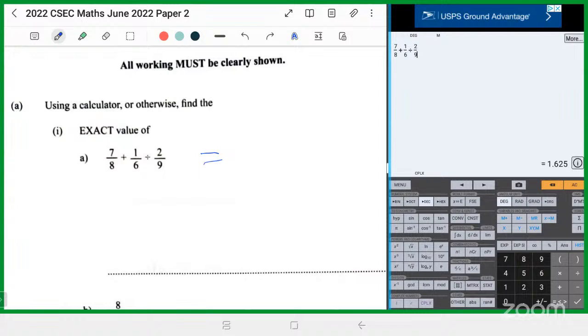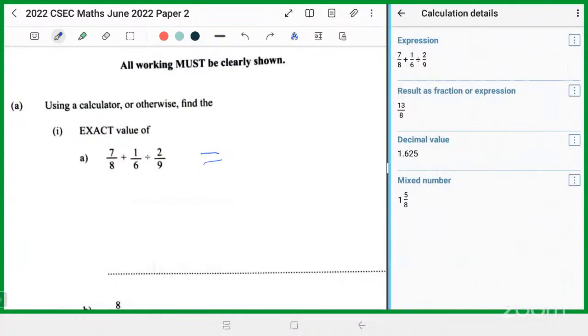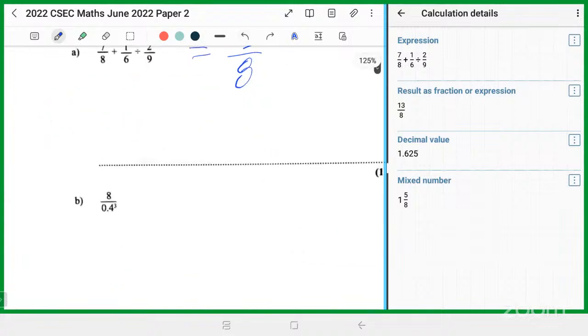And the exact value for that is 13/8, or we could use 1.625. Because they gave us a fraction, we give it back as a fraction. So 13/8. We use a calculator.